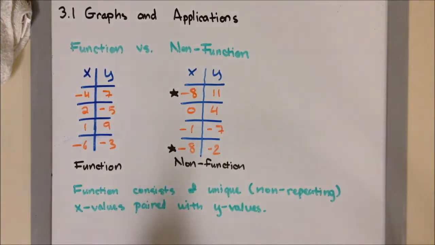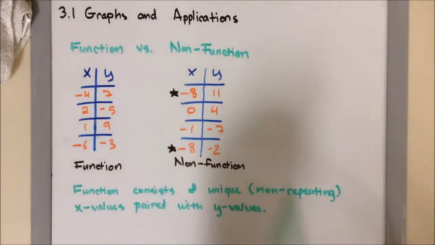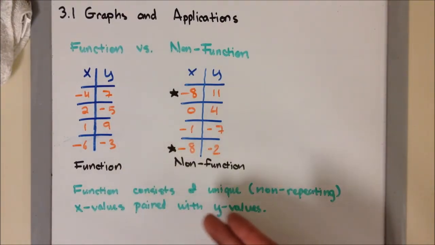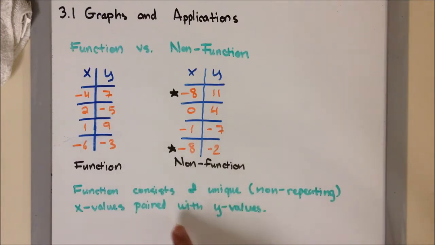So this is the definition you would follow when you're given an xy table and need to determine if it's a function or a non-function. Just to review, a function consists of unique non-repeating x values paired with y values.